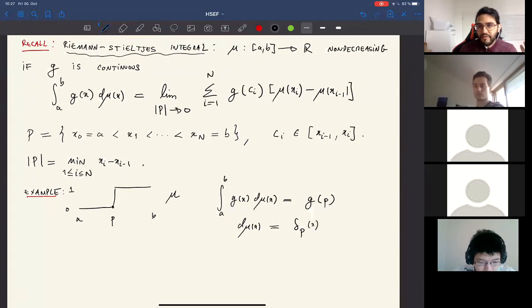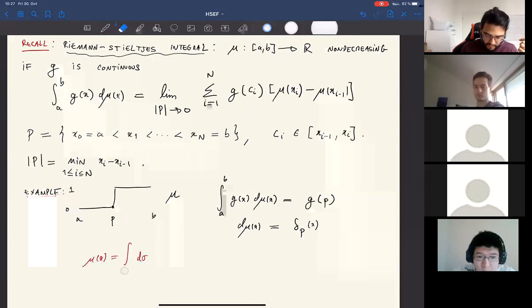So you can write delta functions, and you can write all sorts of measures. So for instance, if you start with a measure on the line, this is a side comment. If you start with a measure, let's say sigma, then you can define mu(x) as the integral from a to x of this measure, and then dmu(x) will be the sigma of x. That's another way.